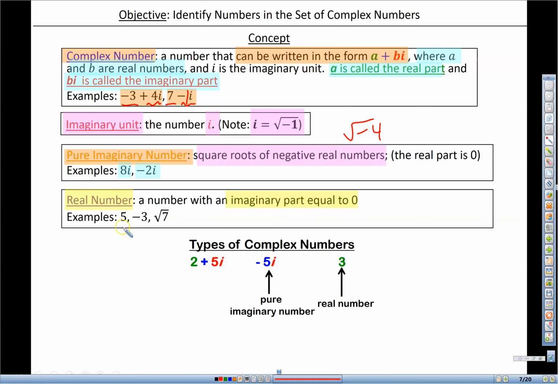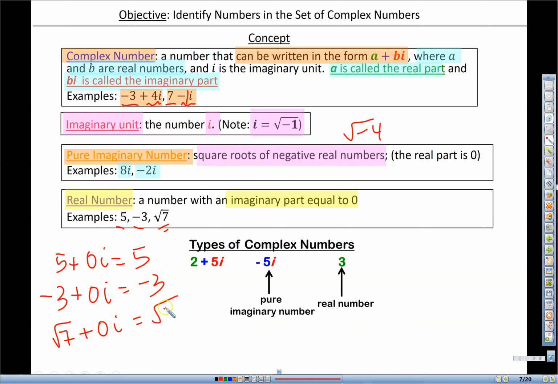We know 5 and -3 are rational numbers. 5 could be written as 5 plus 0i, because anything times 0 is 0, so that's just 5. -3 can be written as -3 plus 0i, which is just -3. An irrational number like the square root of 7 could be written as the square root of 7 plus 0i, which again is just like adding 0, so it's the same as the square root of 7.